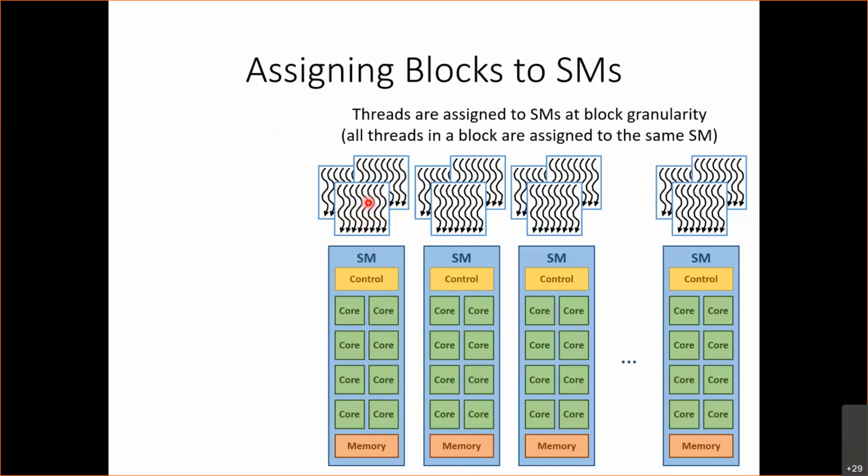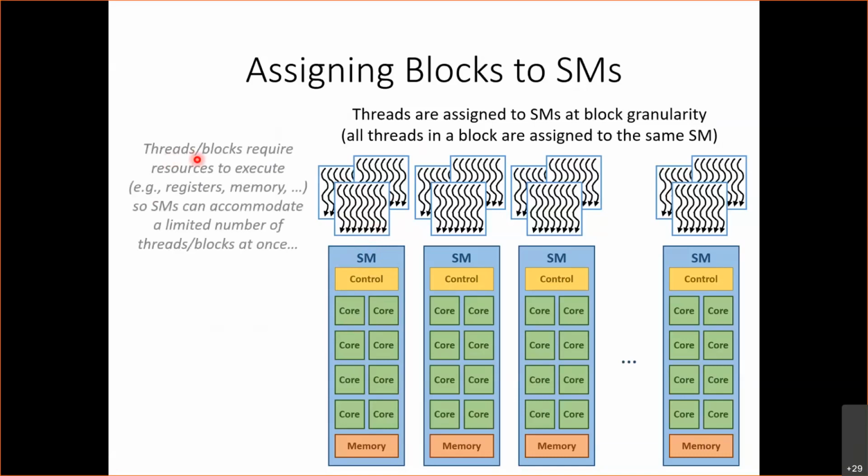Now, when these threads run on these SMs, they require resources. Every thread requires resources. They need things like registers. Maybe they reserve some memory. Maybe there are also some slots for thread-specific control data. So threads and thread blocks require resources to execute.